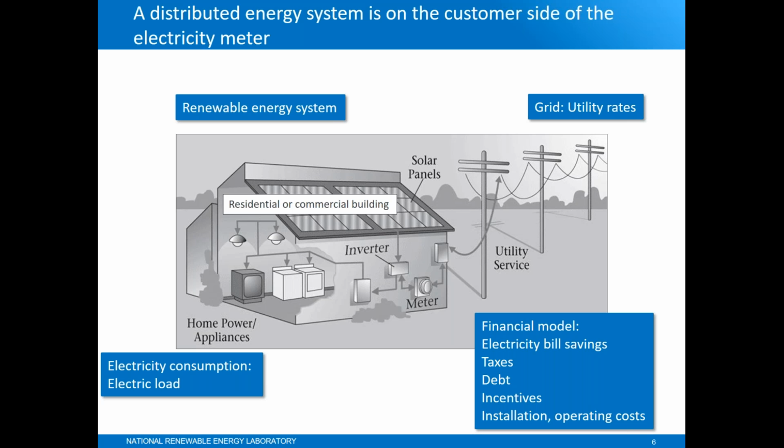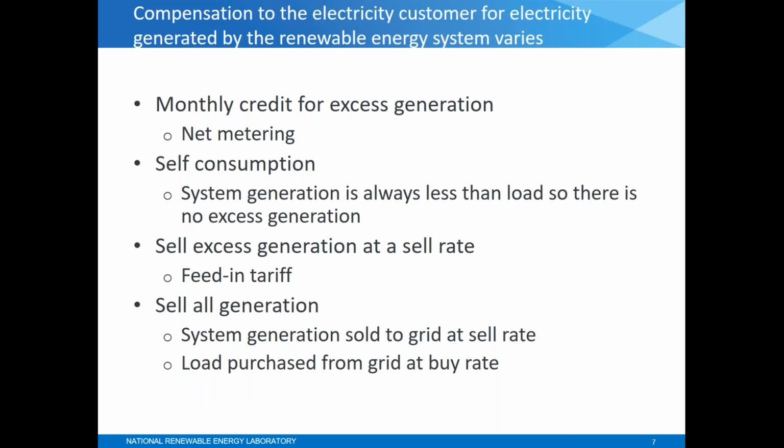And then we need data about the electricity consumption of the building. And we need a description of the utility rate structure to model sales and purchases of grid electricity. And then a financial model that takes the value of the electricity savings from the renewable energy system and uses it in a cash flow model to calculate financial metrics that you can use for project decision making.